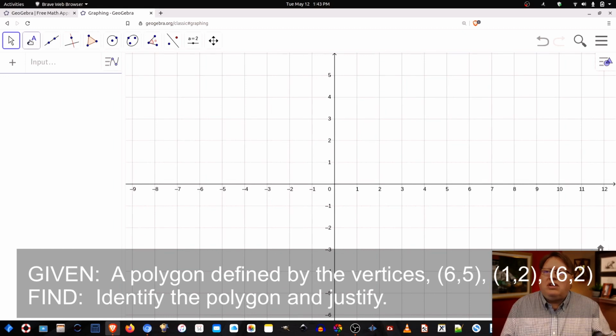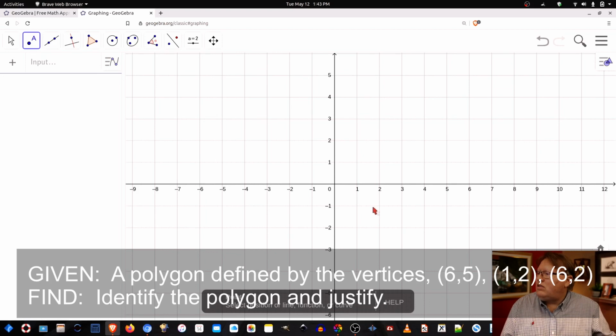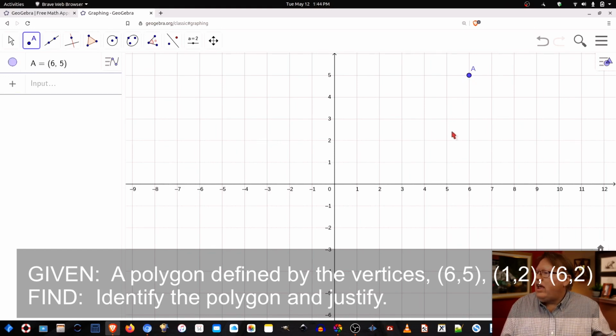We're first going to click on the point tool and choose point. Our first vertex is located at 6, 5, so we're going to go to 6 and go up to 5. Our next vertex is located at the point 1, 2. And our next vertex is located at 6, 2.